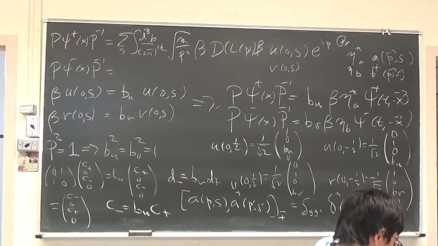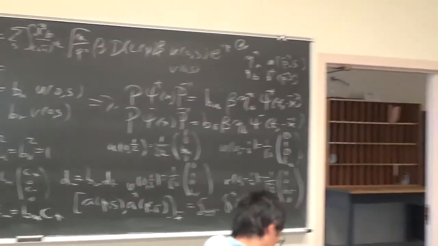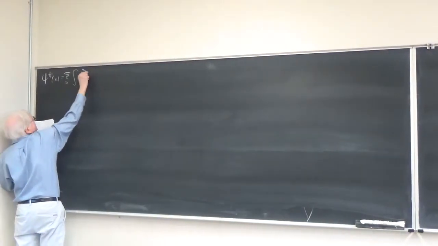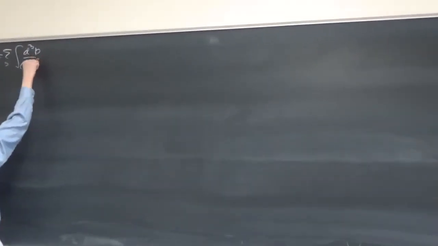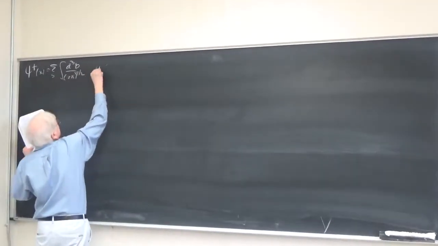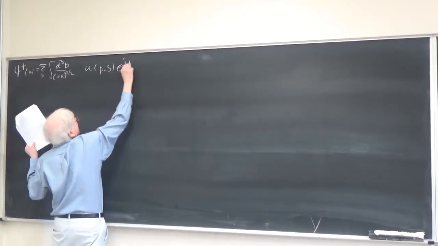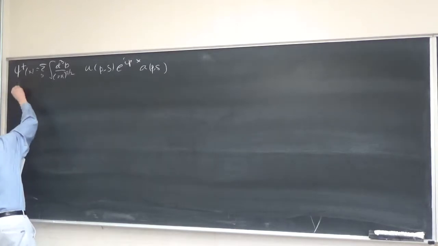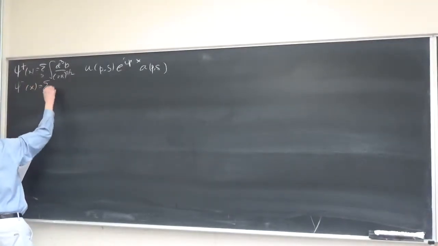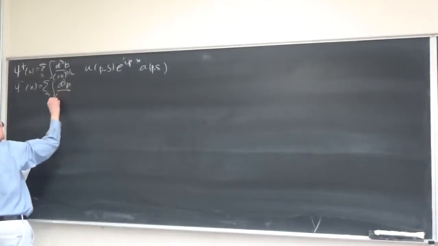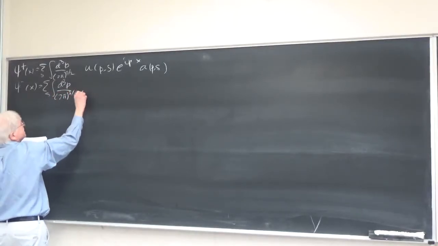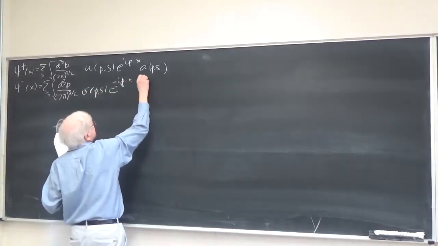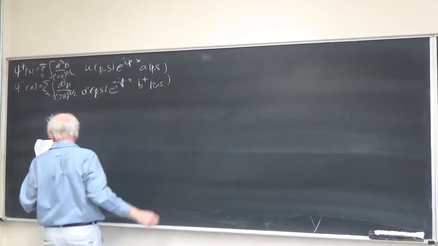Psi plus of x is the sum over s, integral d^3p over (2 pi)^(3/2), u of p and s, e^(i p dot x), a of p and s, and psi minus of x is the sum, integral d^3p over (2 pi)^(3/2), v of p and s, e to the minus i p x, b dagger of p and s.